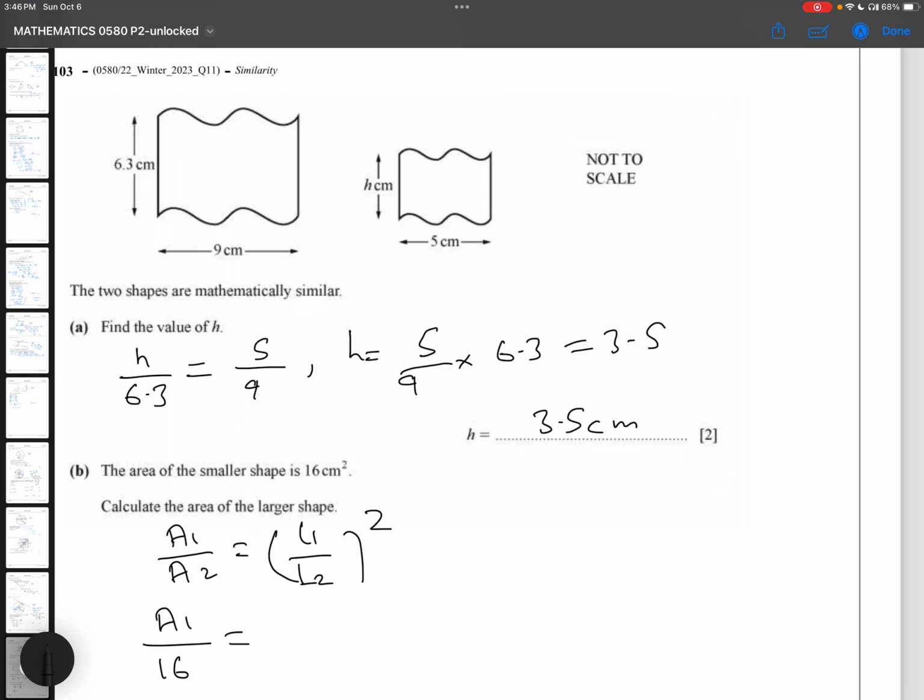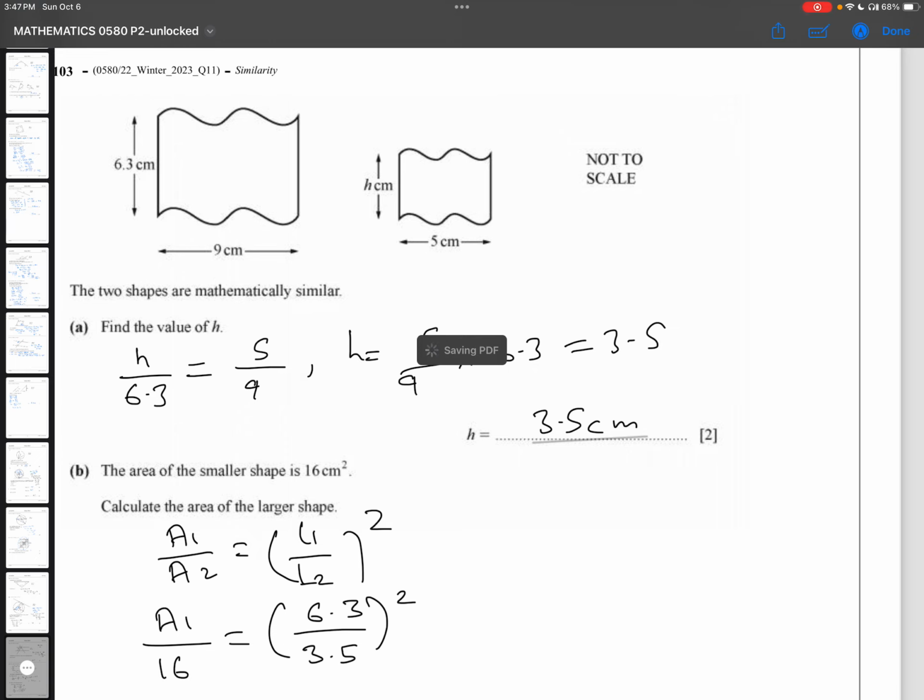Let me take the height over here. Let's take 6.3, the height, upon L2, the height of the smaller shape, which will be 3.5, which we just calculated in part A, whole square.